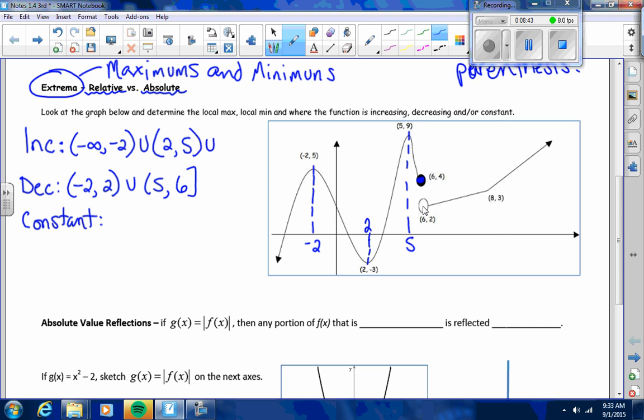But there, notice with this 6 down below, it is an open circle, so that has to be parentheses 6, and increasing to 8. What's happening at 8 though? Hang on. It's still increasing. So it's really increasing from 6 until infinity. Was it ever constant? No. So constant, we're just going to write never.